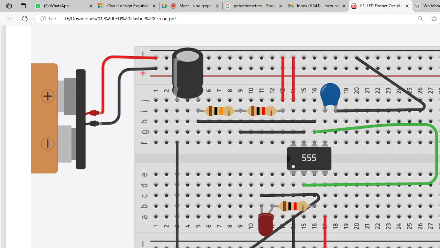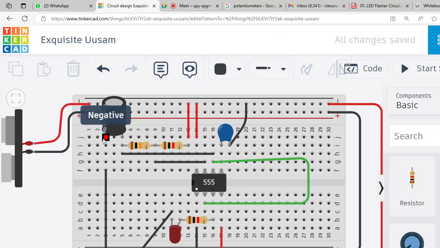Negative is connected to the negative. Negative is connected to.